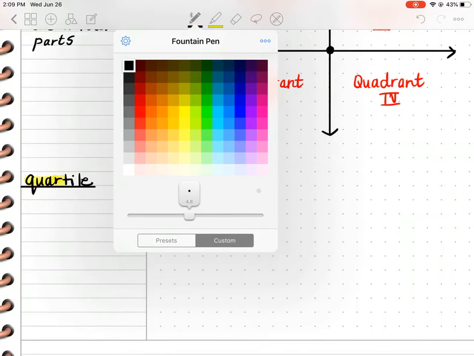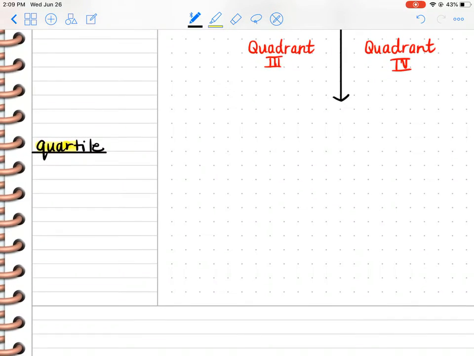A quartile, again, relates to the concept of 4. A quartile is also one of 4 parts of a data set.